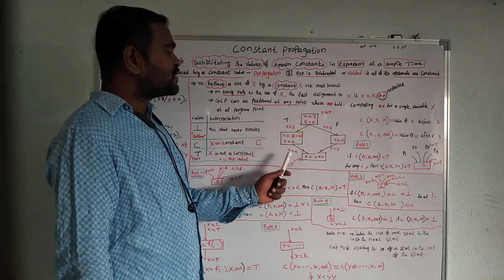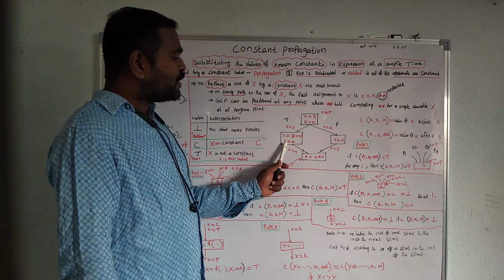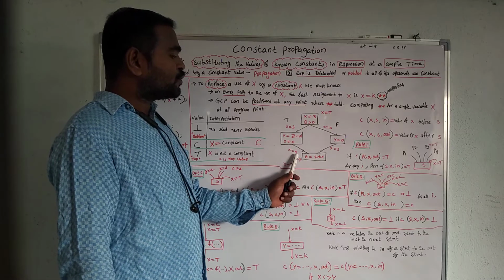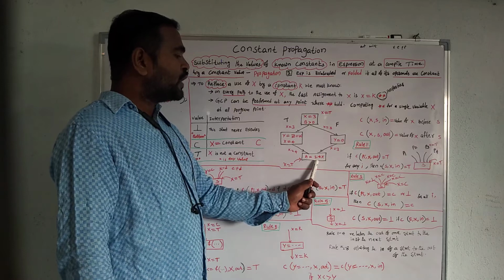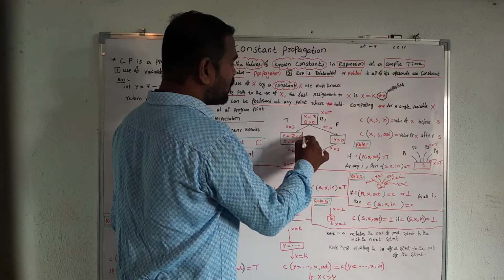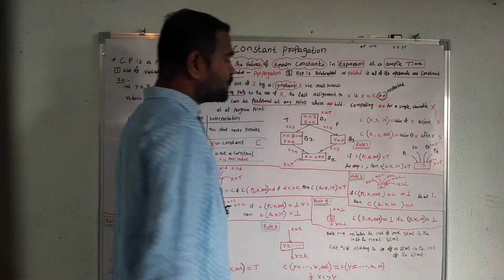That's why this value is not reached in this block. After evaluating this expression, you have x = 4. This x = 4 value reaches block B4. Let us assume these are blocks B1, B2, B3 and B4.